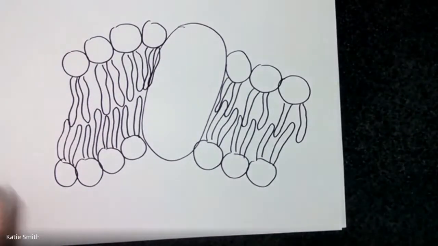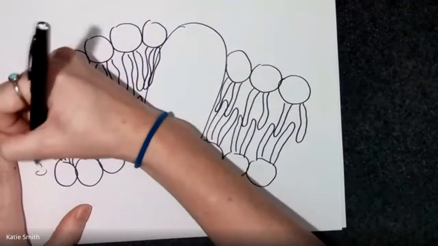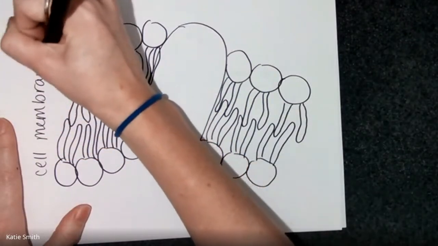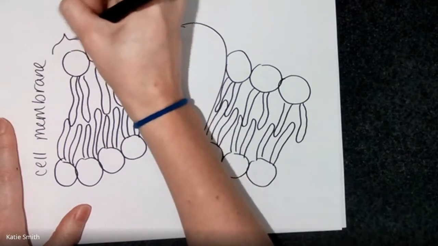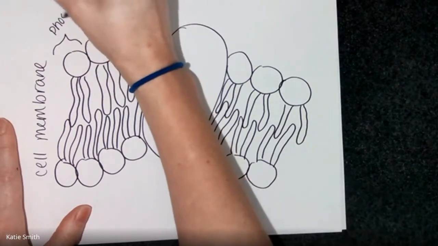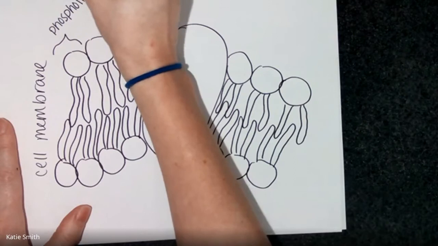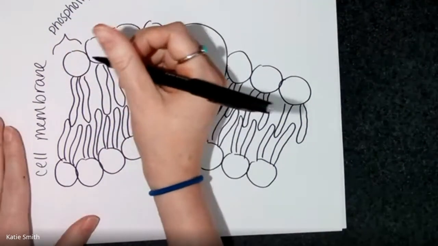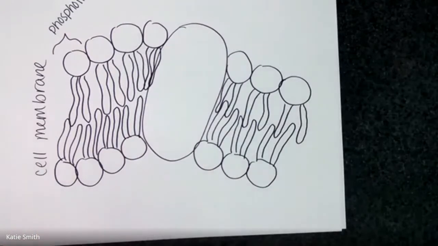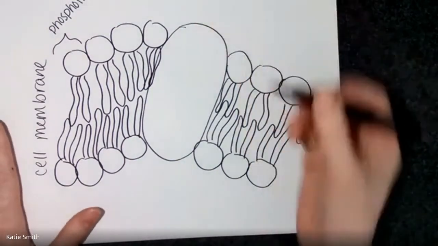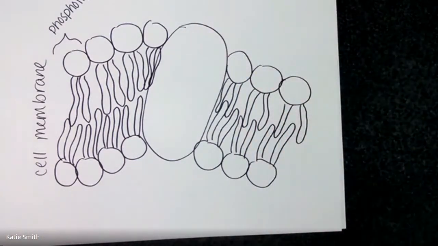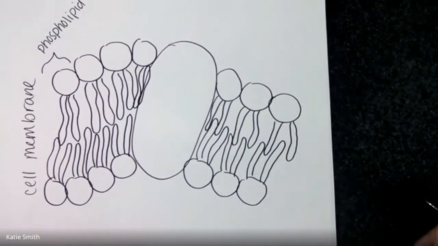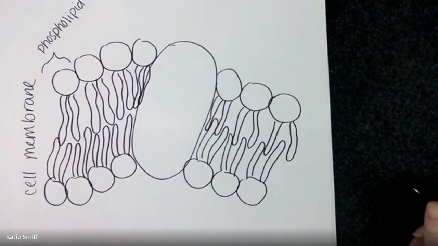So if this is your cell membrane, this is a phospholipid. So one single unit of this is a phospholipid. Of each of those phospholipids, there is a hydrophilic and a hydrophobic portion. So which portion is hydrophilic? The one that likes water.